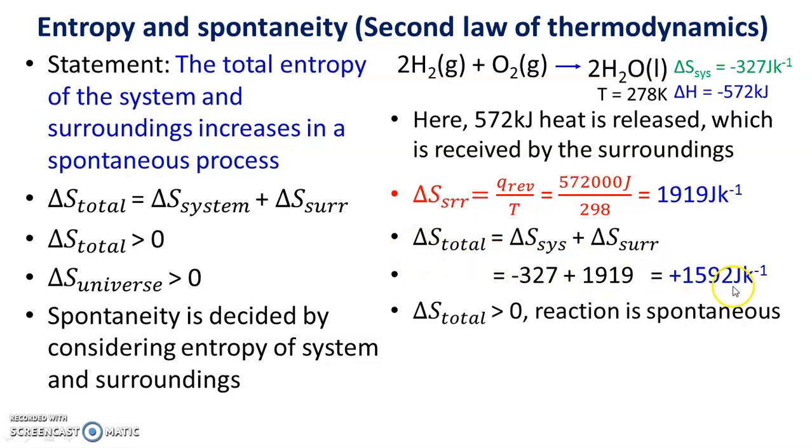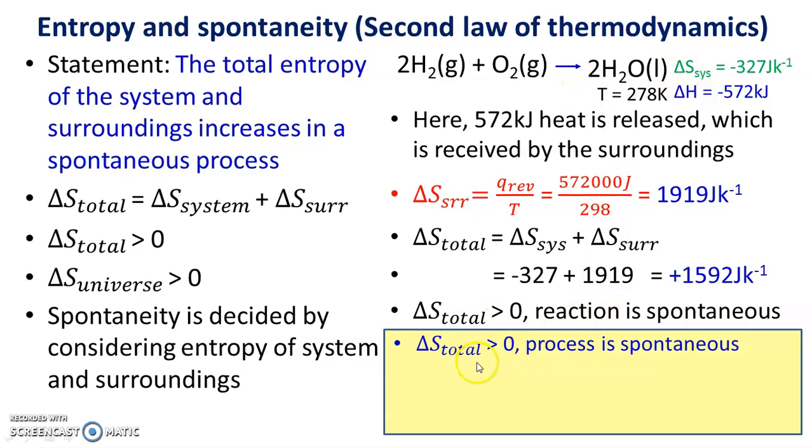So delta S total is positive for this reaction, and therefore, as delta S total is greater than 0, this reaction is spontaneous even though delta S system is negative. This is most important, because to check the spontaneity of a chemical reaction, delta S total is considered and not delta S system.